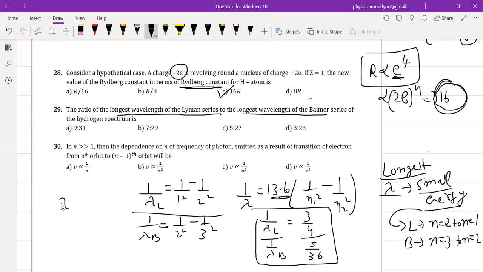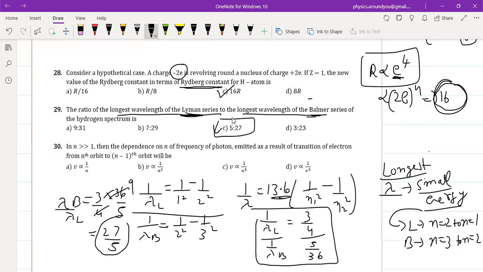So lambda B by lambda L is equal to 3 by 4 times 36 by 5, which would give me 27 by 5. But look, it is lambda B by lambda L, but they want lambda L to lambda B. Reciprocal of 27 by 5 is 5 is to 27. So 29 goes with C.